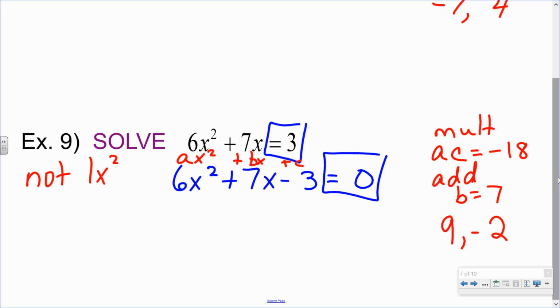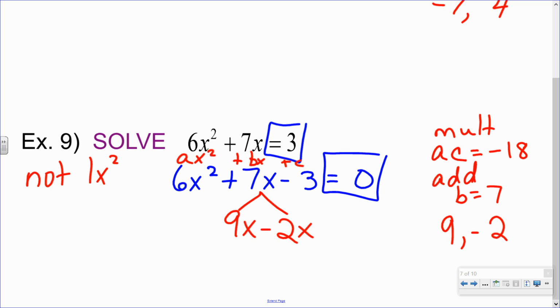What must we do instead with this AC method? How do the 9 and the -2 help us out on one like this? Jen, do you remember? So we rewrite that middle term, and it does not matter if we do +9x minus 2x or -2x plus 9x.